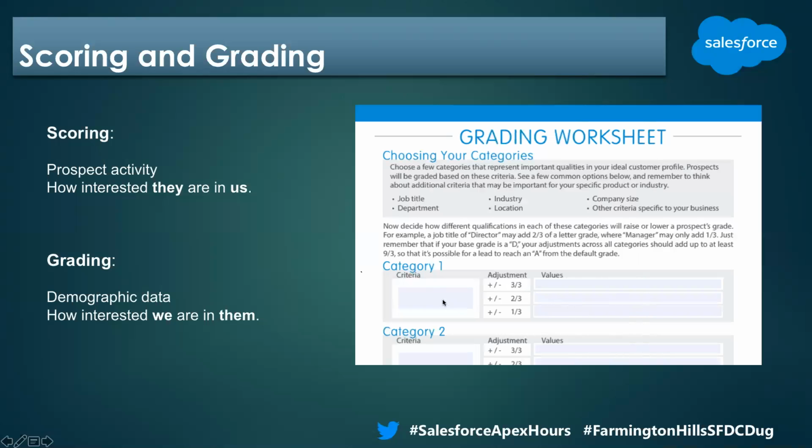So maybe if somebody's job title was a student, that would remove a grade from them. And all of these adjustments are incremental. So they would move the letter up and down, so from C to A or back down, to get an overall picture based on all of the data that we had on someone of what letter grade that person is. And it doesn't have to be a solid number, it can be A minus.